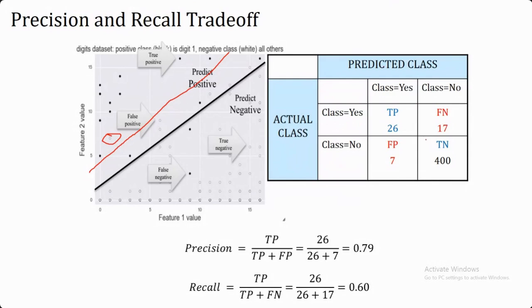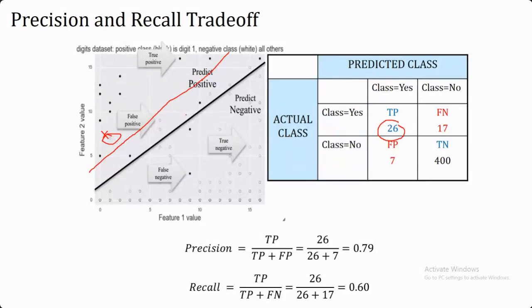Here, this you have identified as positive. Out of this, how many were actually positive? As you can see here, all of them are positive only. There is only one misclassification. So this is going to increase your precision.